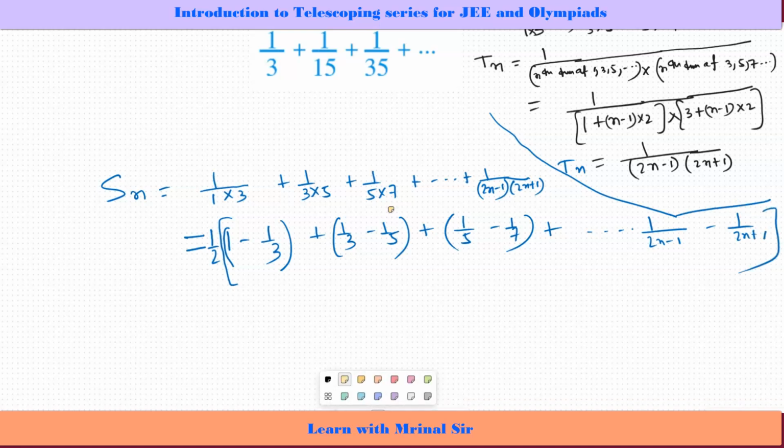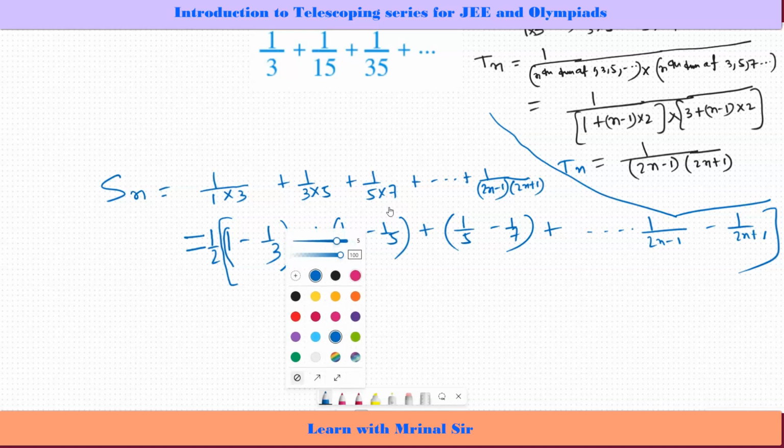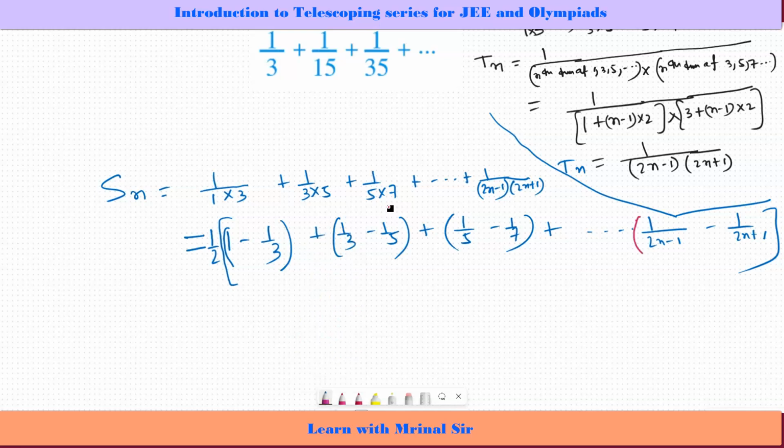Done. Now what do you observe there? When you are going to find the sum here, just let me put a bracket here. We observe that this second term gets cancelled with the first term of the second bracket. This way, till where does it get cancelled? To understand this, it is better you write this method.